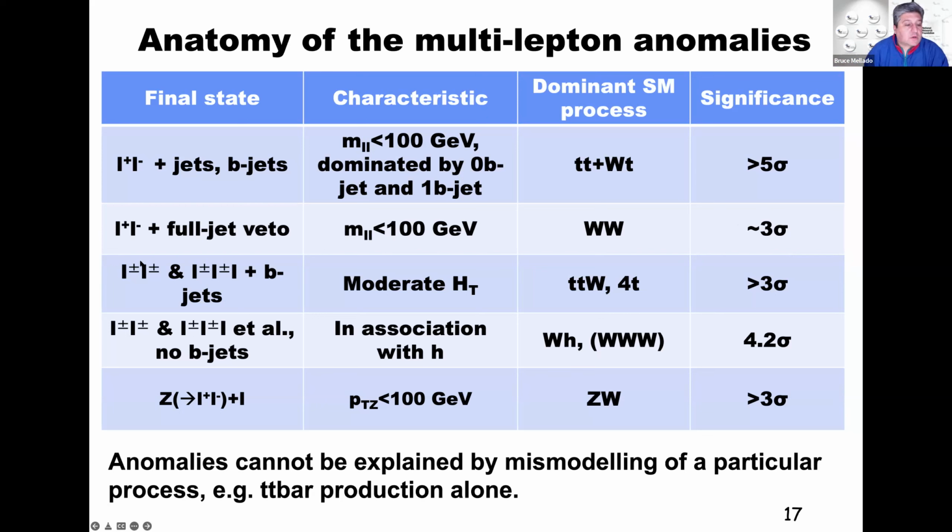Then we also have same sign leptons and 3 leptons with moderate HT, which is dominated by TTW and 4 top. There is more than 3 sigma now. There is the same, but without b jets, where the measurements of the WH and the triple W are dominant. There we have more than 4 sigma, and this is one of the emerging excesses in the Higgs sector right now.